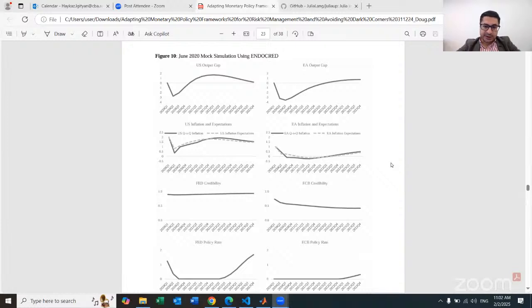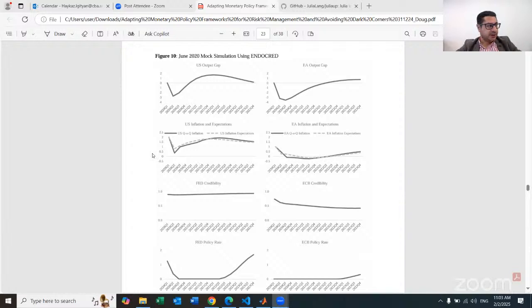But there are some differences between these two countries. As Doug said, the long run inflation expectation of the Euro area was quite below their long run inflation target. It was 1%. But for the US, it's 2%, close to the target.